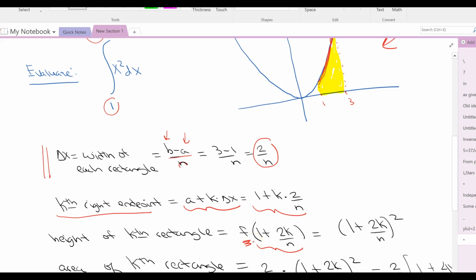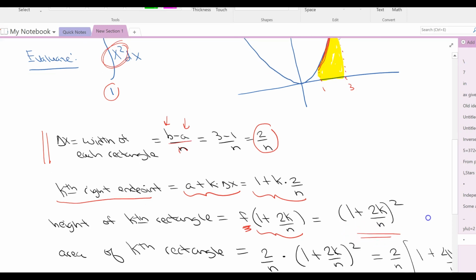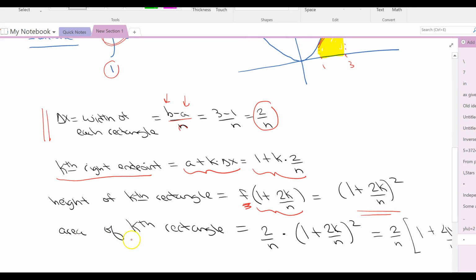And then all I do here is just substitute this 1 plus 2k over n into my function, right? F of x is x squared, and here I have that, okay? And then I have the area of the kth rectangle is, of course, width times the height.